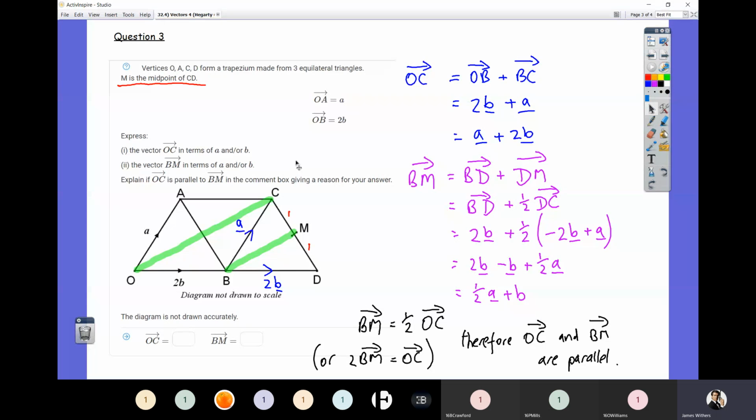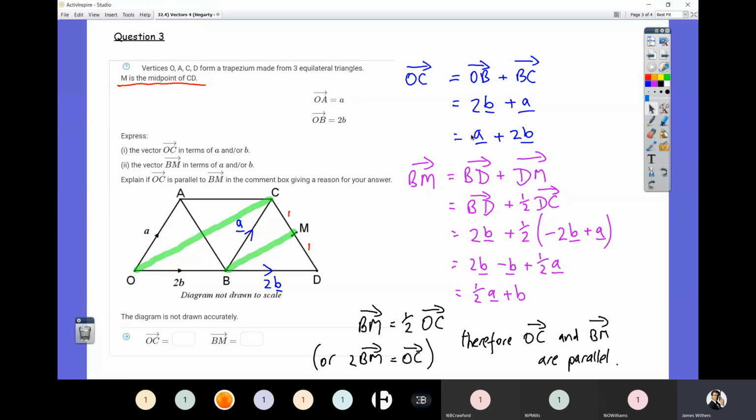I'm going to choose to go from O to B and B to C. And then am I able to move over to the alternative format of just little a's and little b's? Yes, I can, because O to B is 2b and B to C is a little a. And as a nicety, I'm rewriting that in alphabetical order.